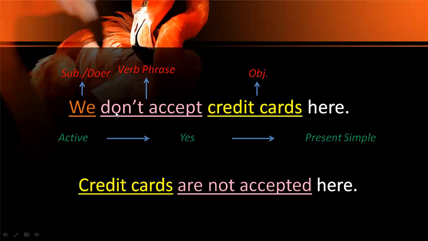Do appears only in active sentences as a helping verb, and does not appear in passive sentences, because we have the helping verb to be, the are, so we cannot have are and do together. Are by itself can take the not, and therefore change the sentence from affirmative to negative. So it becomes credit cards are not accepted here. Accepted is in form 3. Of course, you can continue or complete the sentence with by us if you wish. It is, after all, optional.